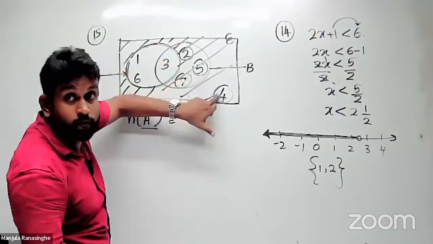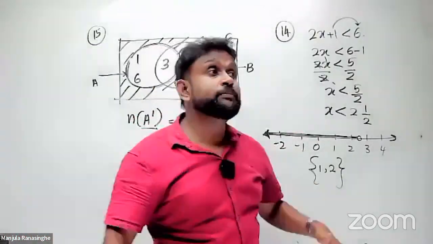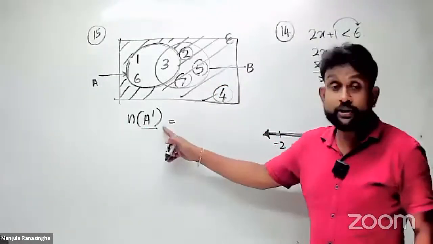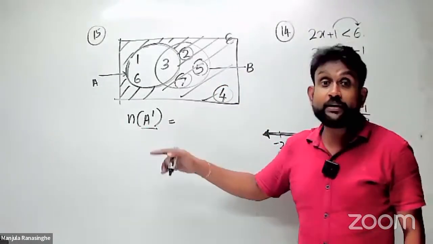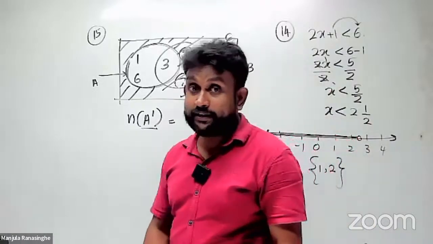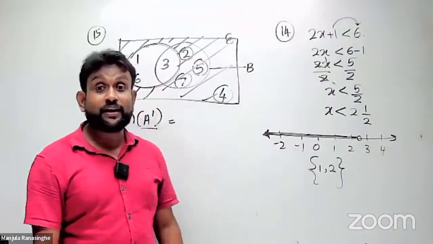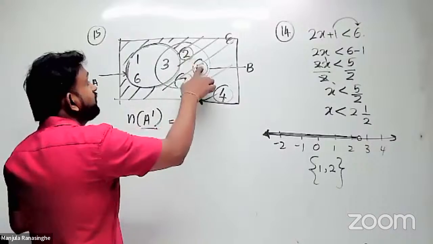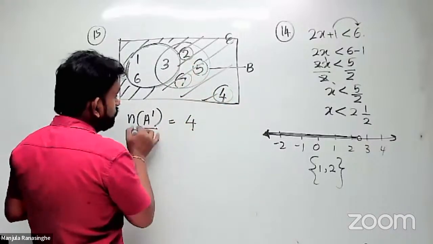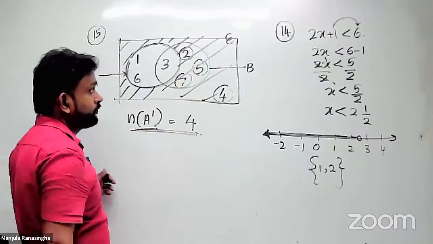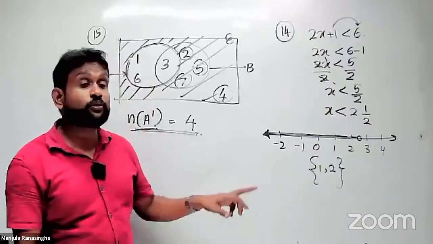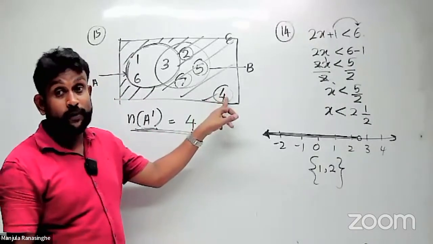But if you write the elements, that is not the answer for this question. They ask for the number of elements of the A dash set. You can write the A dash set elements, but the final answer should be the count: 1, 2, 3, 4. So your answer should be 4. Some students do not take this 4 as an element.